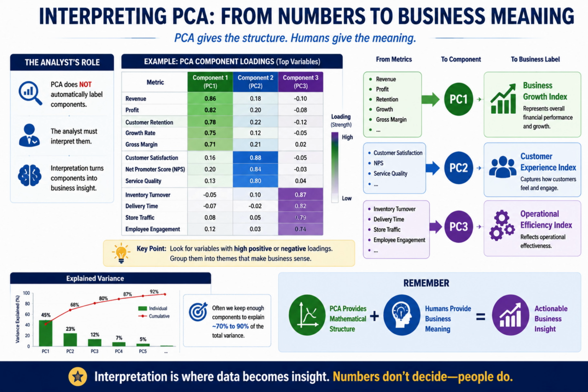For example, revenue, profit, retention, and growth may become Business Growth Index; customer satisfaction, Net Promoter Score, and service quality may become Customer Experience Index. The mathematics identifies the pattern. Humans provide the interpretation, and that's where PCA becomes useful for decision-making.